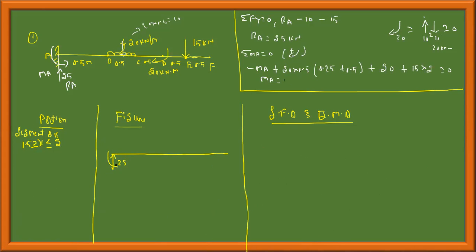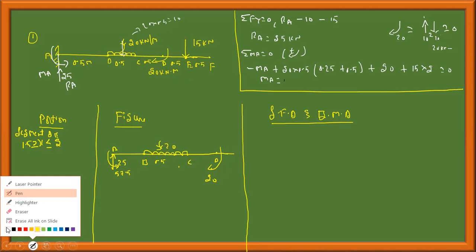25, 57.5, A, B, C, 20.5. This is point C, point D, there is a moment 20, and point E. I will consider a section in between, somewhere in between.